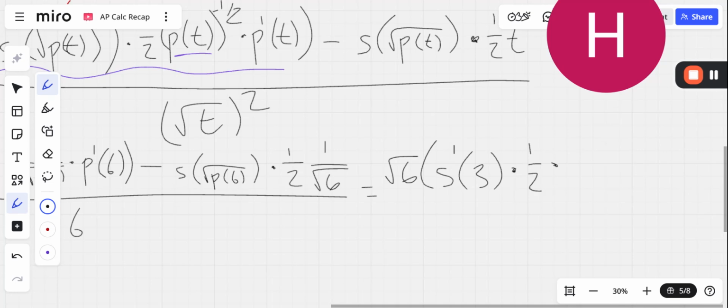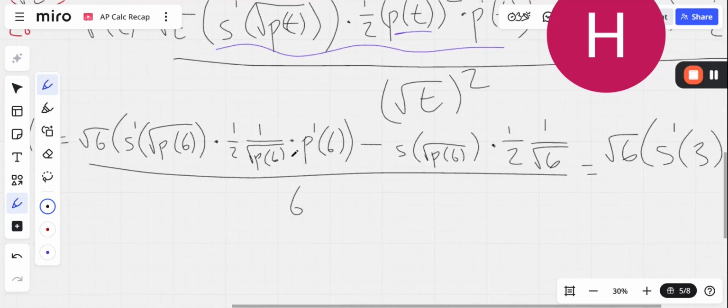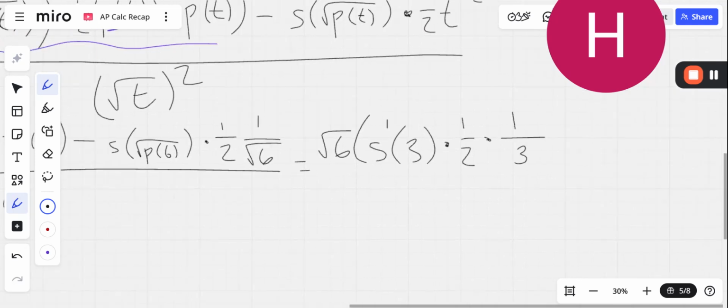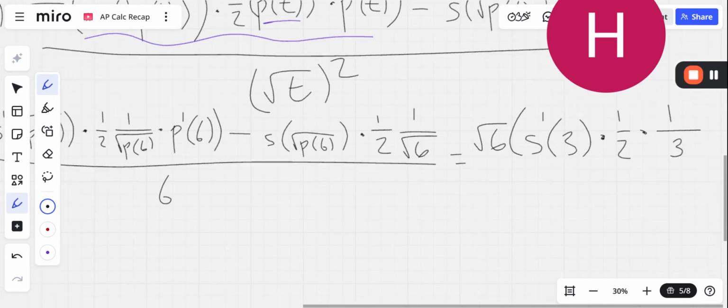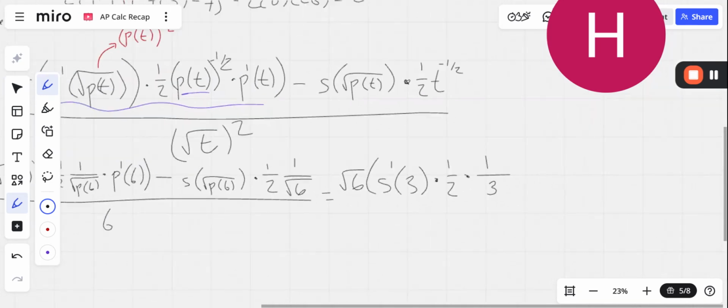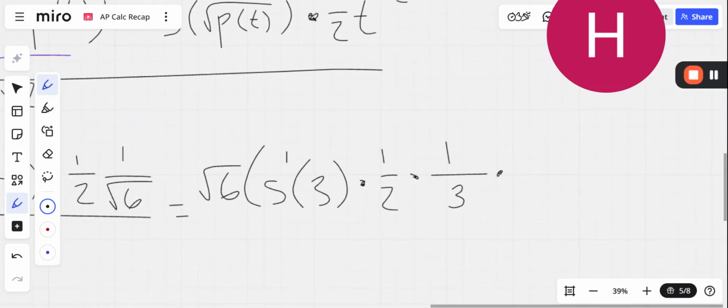We're also going to multiply by 1 over, careful with this, the square root of p of 6 again. So it's the square root of 9, which is just 3. Wow, that's an ugly 3. I'm sorry, 3. And then lastly, we still have to multiply by p prime of 6, which we determined to be negative 2, was it? I think it was negative 2. Yep, negative 2.